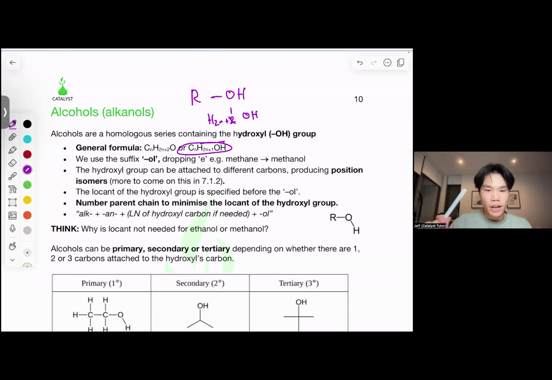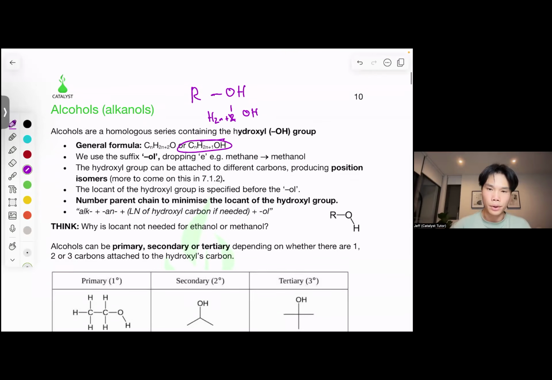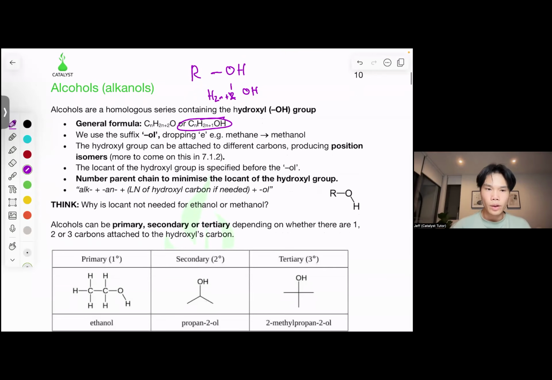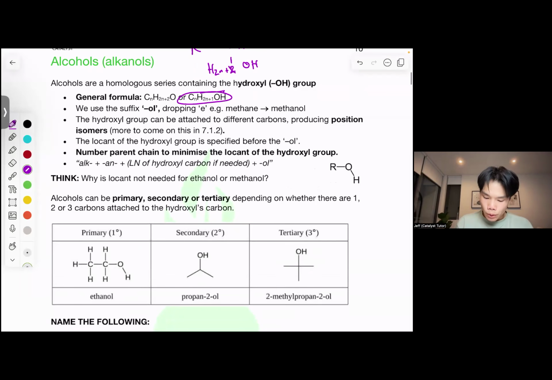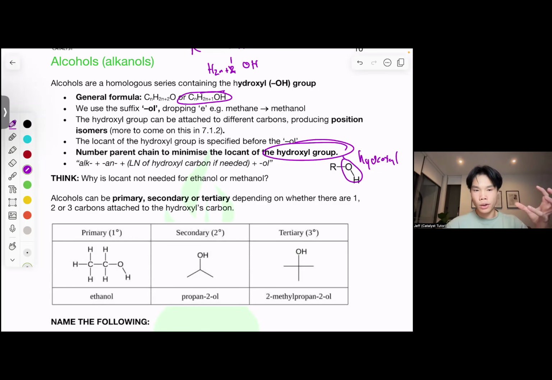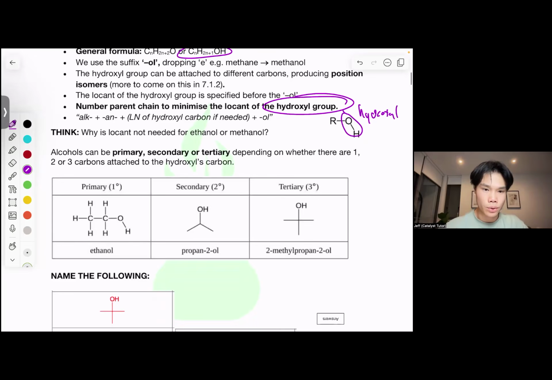Okay. The suffix for alcohols is ol, so methanol would be a carbon chain of 1 with an ol, meaning alcohol on it. We also call the OH a hydroxyl. So be clear that this is a hydroxyl group and you refer to it as such. Whenever you see an OH, for example, in an alcohol or a carboxylic acid, it should be a hydroxyl.